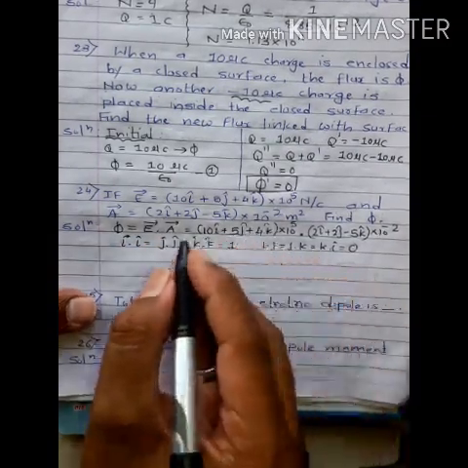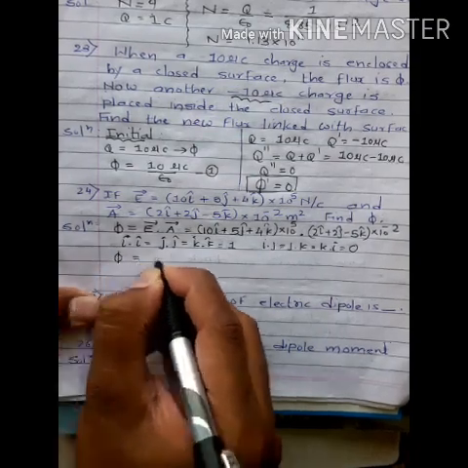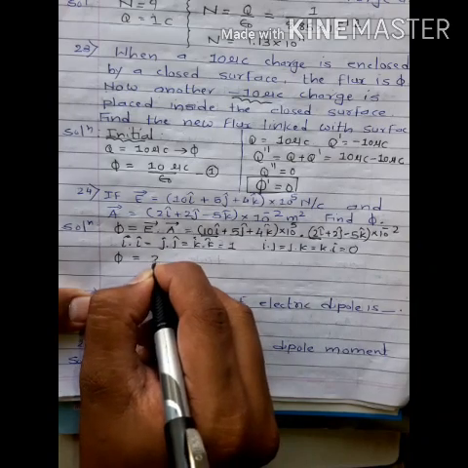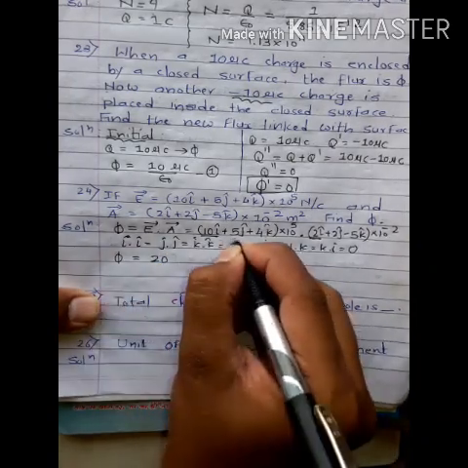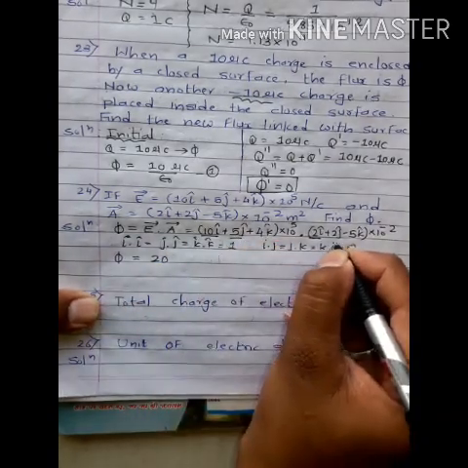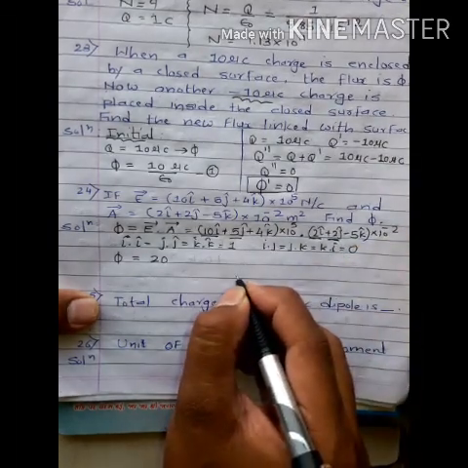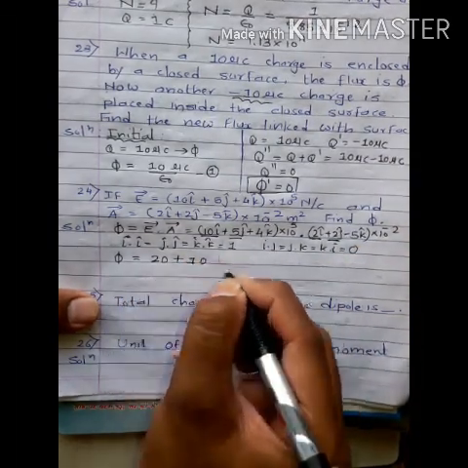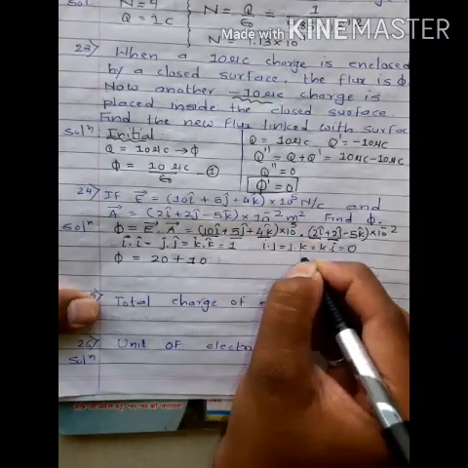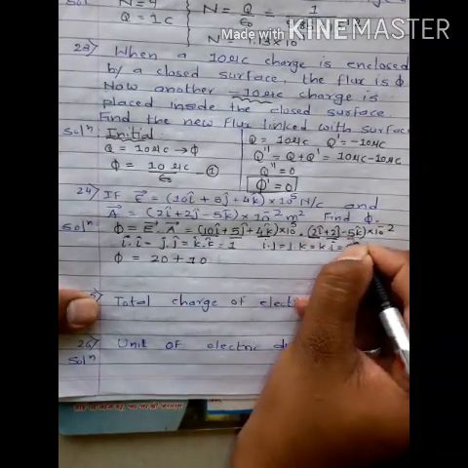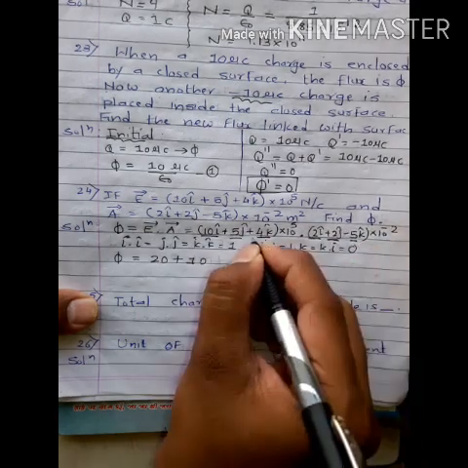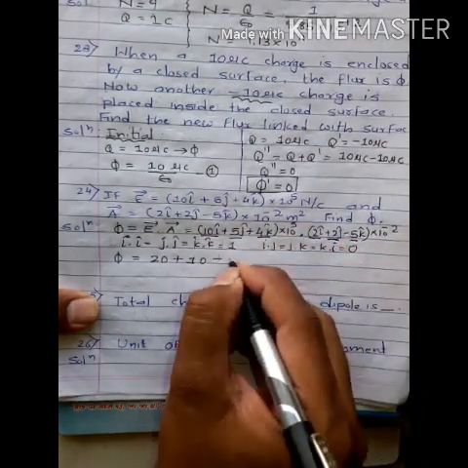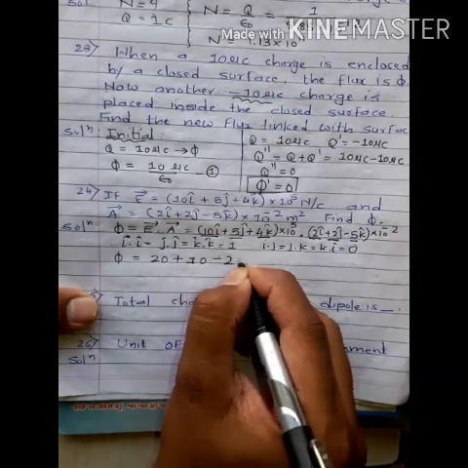Okay, so phi is equal to 10 i cap dot 2 i cap. So our answer is 20. Similarly 5 j cap dot 2 j cap. So our answer is plus 10. And third step, 4 k cap dot minus 5 k cap. So here plus into minus, so the answer is minus 4 into 5, 4 fives are 20.